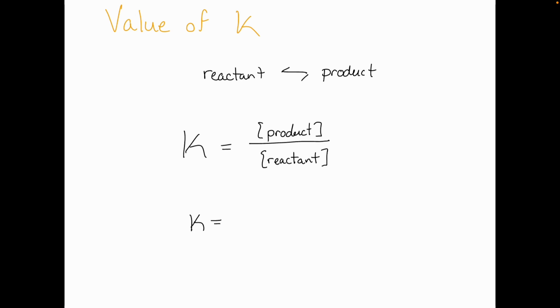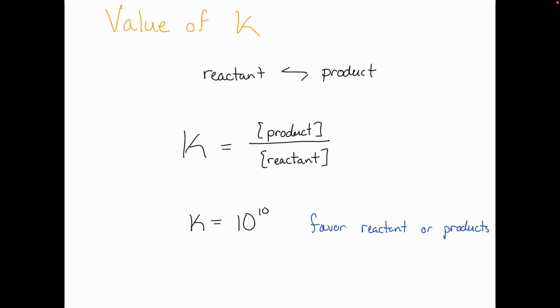All right, so let's say that K was equal to 10 to the 10 or something like that, some enormous number, right? Would this favor the reactants or products? Why products? Exactly, right?